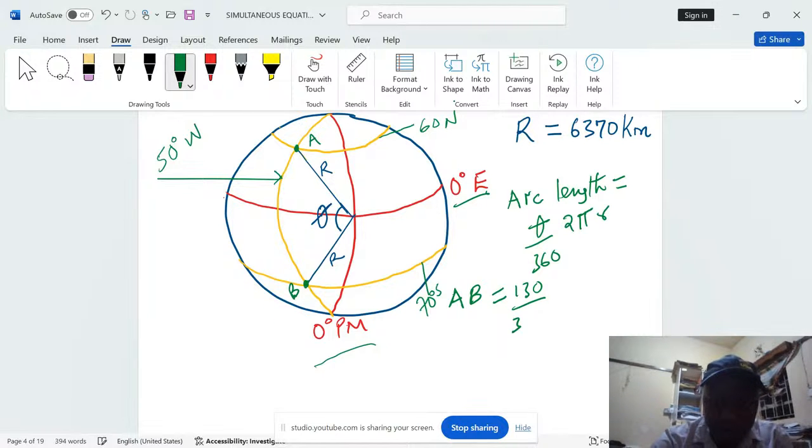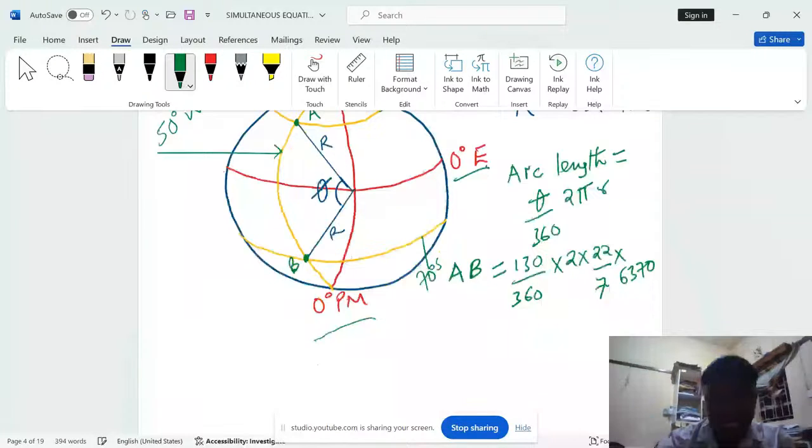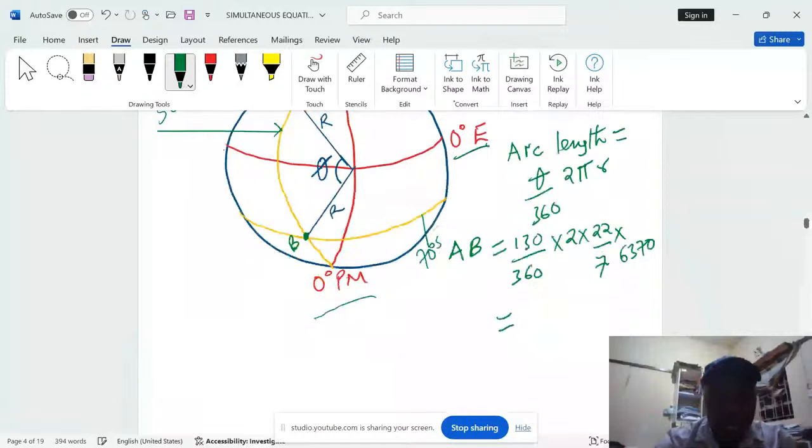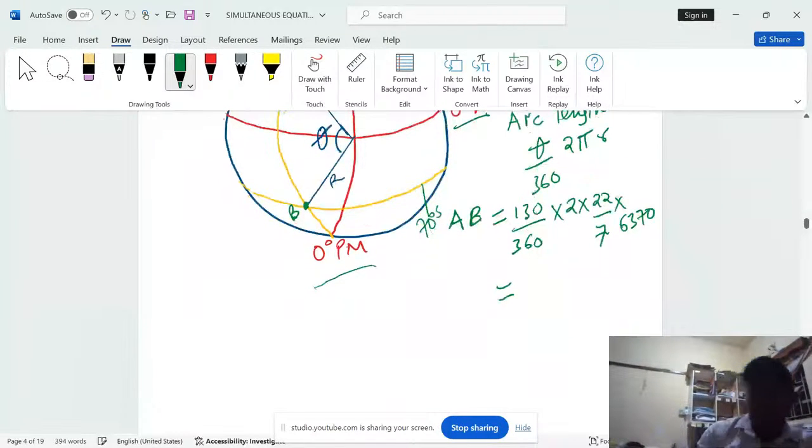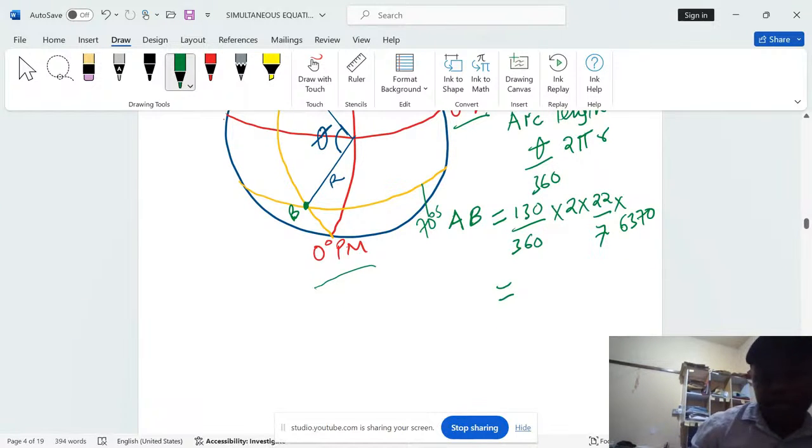Then this can be divided by 360 times 2 times pi, 22 over 7, times the radius of the Earth, which is usually a constant equal to 6370 kilometers, unless communicated otherwise. Therefore, you can now compute that and get the distance.